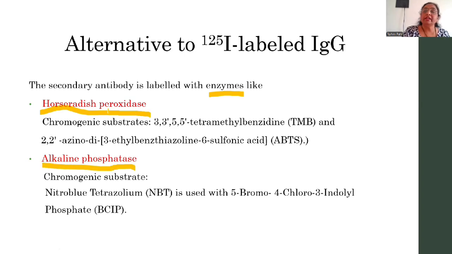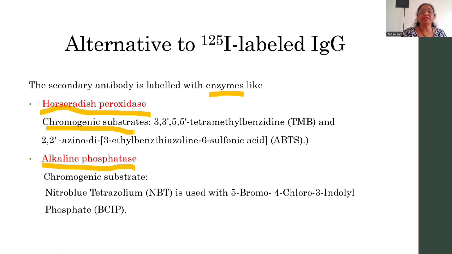Now, when horseradish peroxidase is used, the substrate is TMB or ABTS, and when alkaline phosphatase is used, the substrate is NBT, which is used with BCIP. All these substrates are called chromogenic substrates, because after the action of the enzyme on the substrate, it is going to produce a colored product.